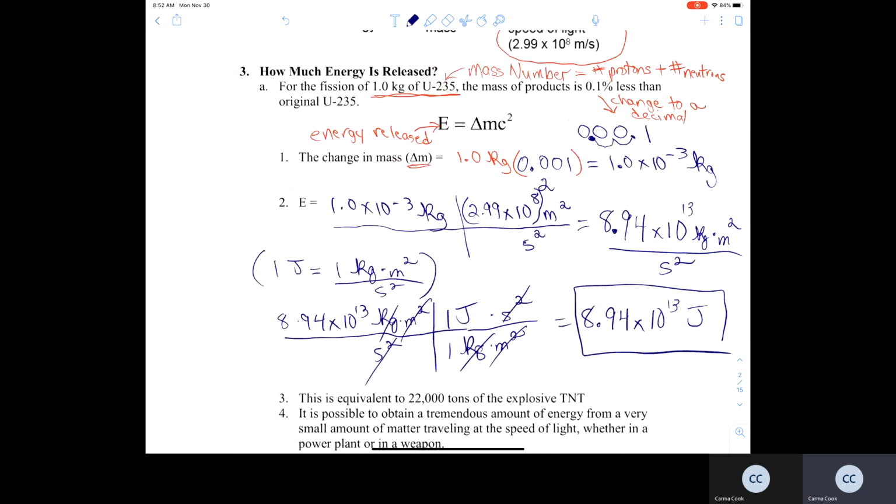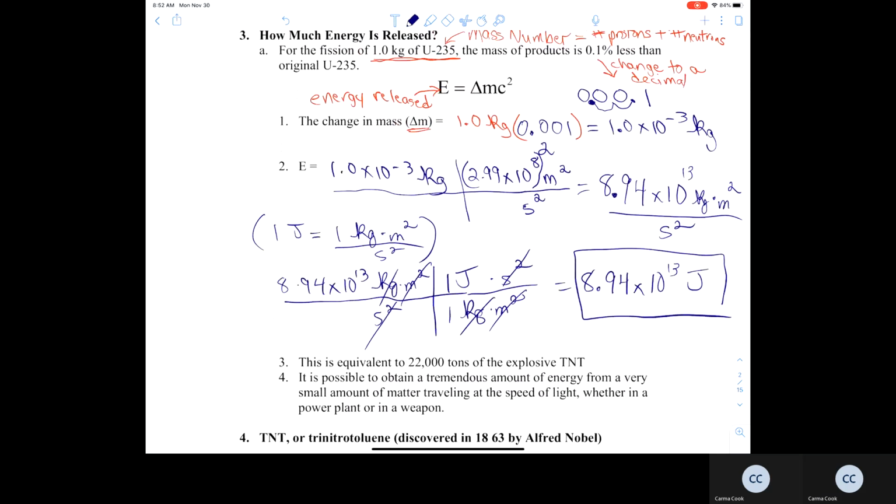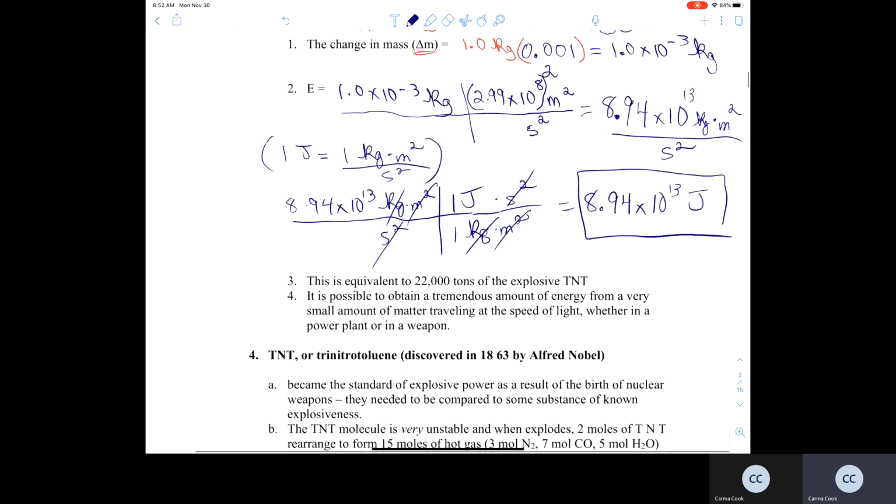And so using 1 kilogram of uranium-235 under a nuclear fission reaction produces the same amount of energy that's equivalent to 22,000 tons of the explosive TNT.